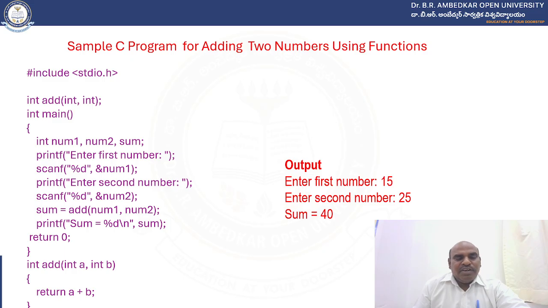These are the main three components of a function. In this one, how it is executed: first we enter the first value. That's why I wrote enter first number. My first number here is 15. The second number is 25. Sum is 40. Like this, it displays the sum of two numbers. It is very easy using functions.